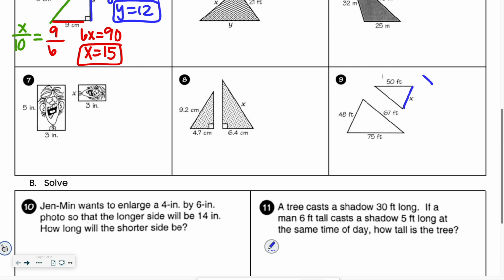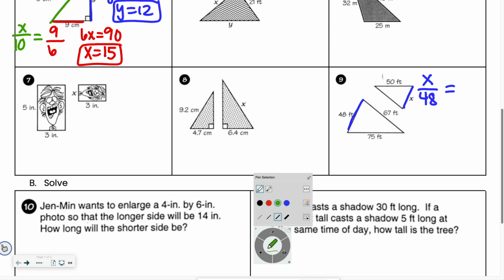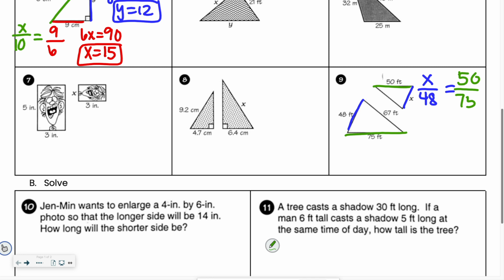Okay, so x. What does x match on our other guy? 48 is equal to, now we have to use 50 because that's the only other side we know. 50, and 50 matches 75. Cross multiply, we'll get 75x, 48 times 50. 75x equals 2400.